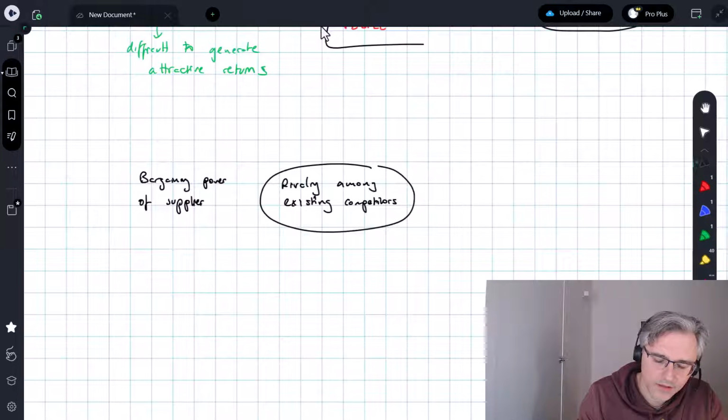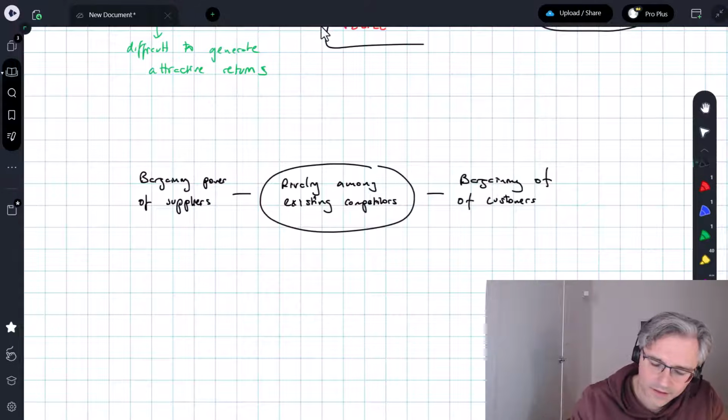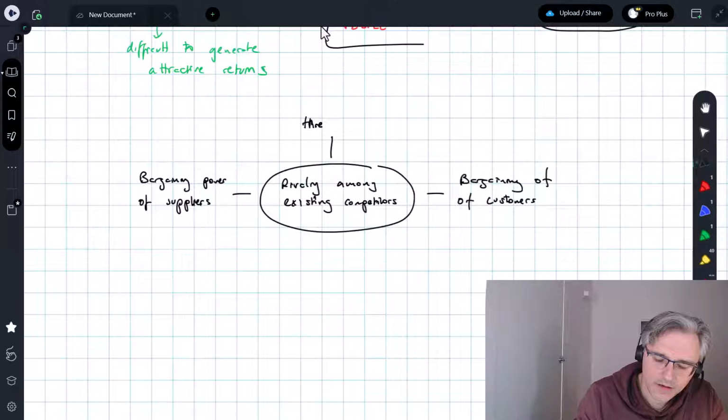When I studied this many years ago, I had the bargaining power of the customers, the buyers, on the right. Your book has this slightly differently. Over here, I'm going to say threat of new entrants.